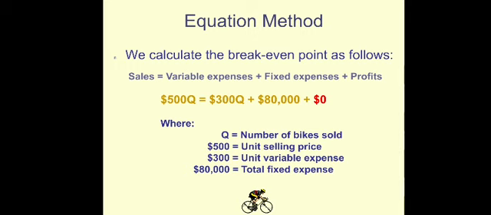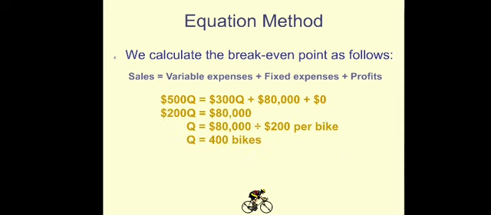We want to know how many bicycles have to be sold to achieve break-even point. So the quantity that we want to find is Q. See the data here where Q equal to the number of the bicycle. Unit selling price is 500. Unit variable cost is 300. Total fixed cost is 80,000.